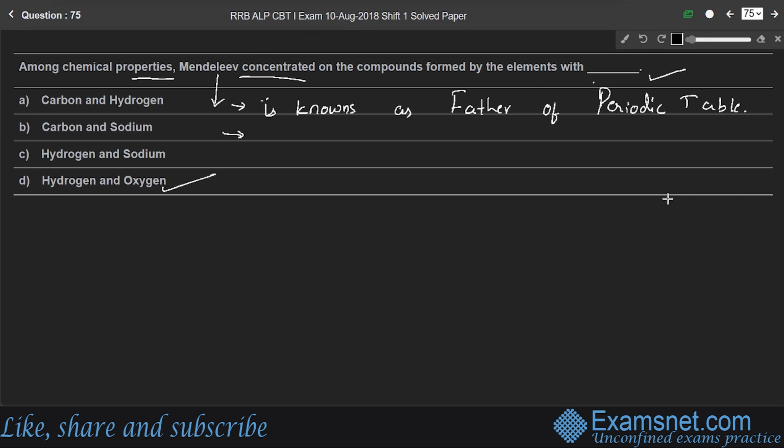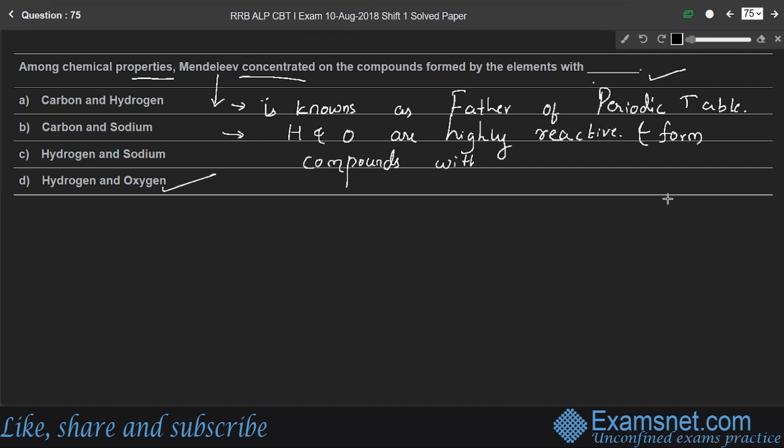Hydrogen and oxygen, H and O, are highly reactive, and hence form compounds with almost all the elements.